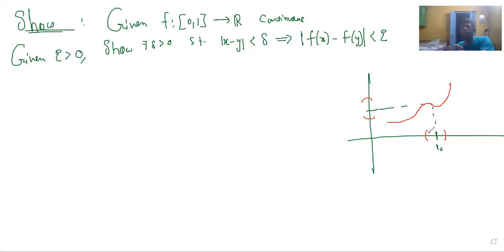Then you take this delta around this x naught, and it works. But we want to find one delta that works for everyone. For every point, there are infinitely many points.